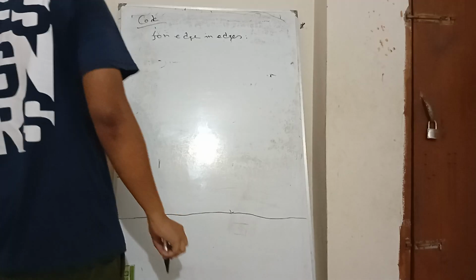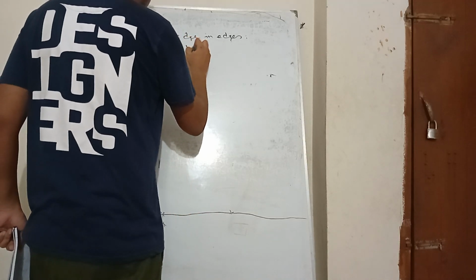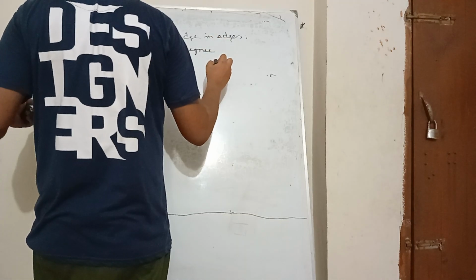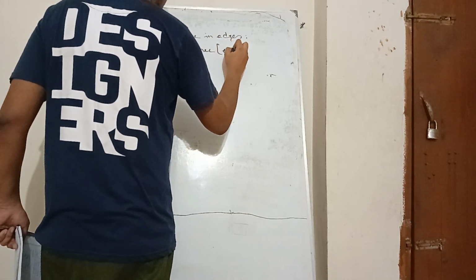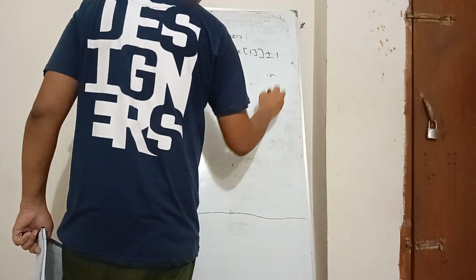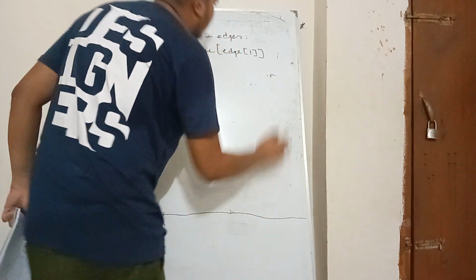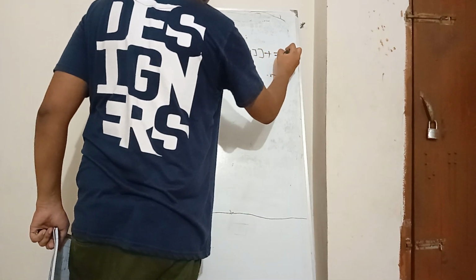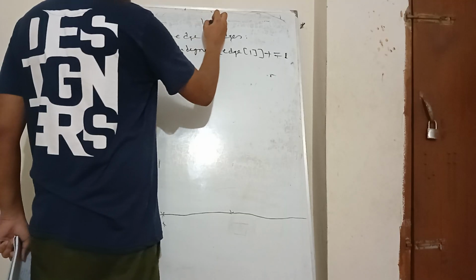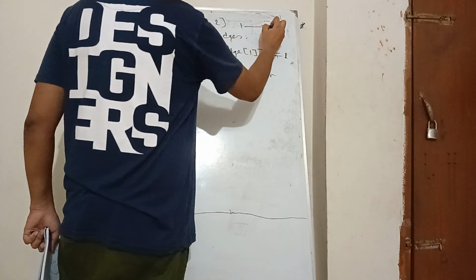For edge in edges, in degree of edge 1 plus equal 1. That means suppose 1 to 2 is an edge.